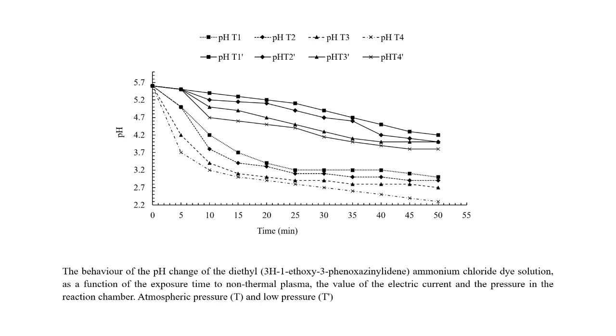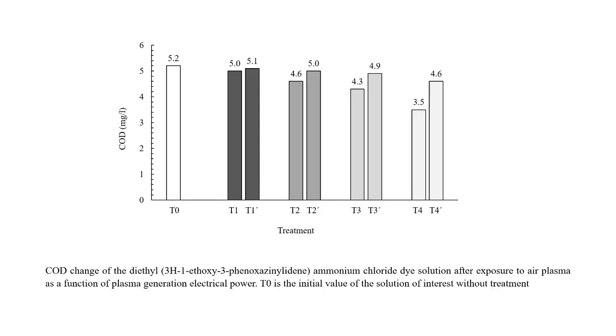The COD was determined for all treatments, final samples at 50 minutes, of the solution of interest. The COD value shows a decreasing behavior, which allows us to infer a decrease in dye concentration depending on each treatment's characteristics. All the treatments show a decreasing trend in the COD value as a function of the applied electric current.